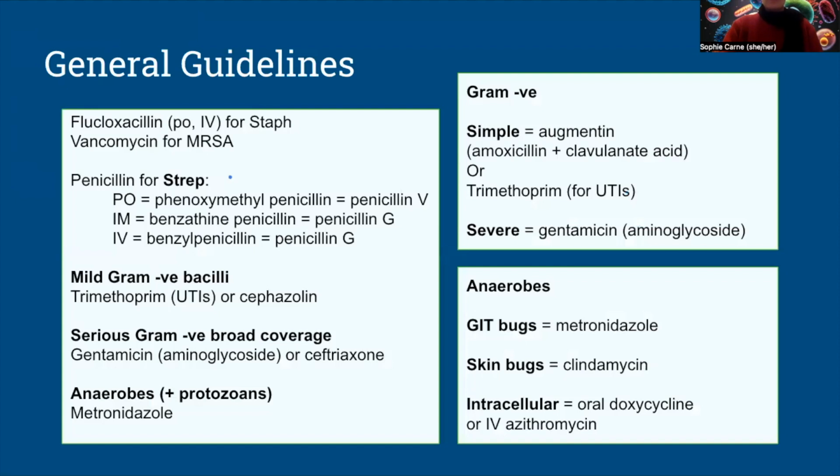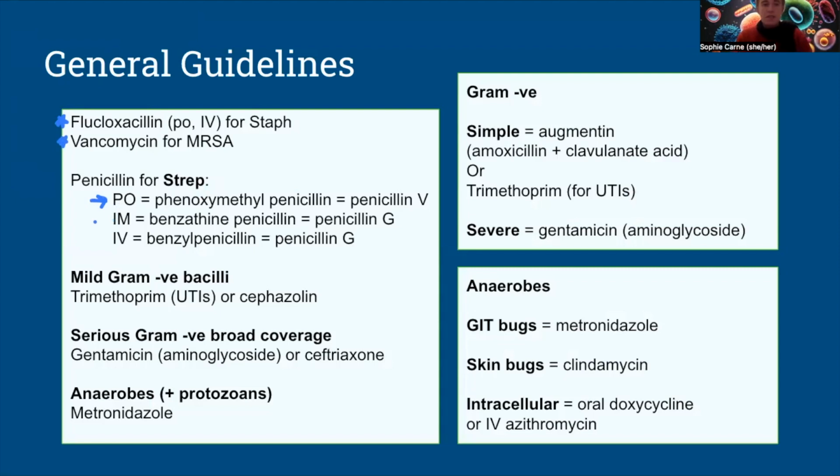So general guidelines: if you have a staph infection, you should give flucloxacillin, and if your staph is methicillin resistant, you should give vancomycin. For Streptococcus, if you want to give an oral form of treatment, you can give phenoxymethylpenicillin. If you want to give an intramuscular form of treatment, you can give benzathine penicillin.